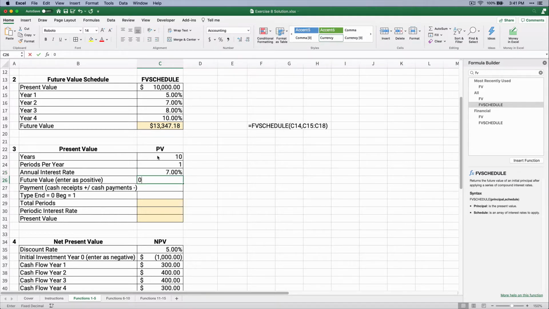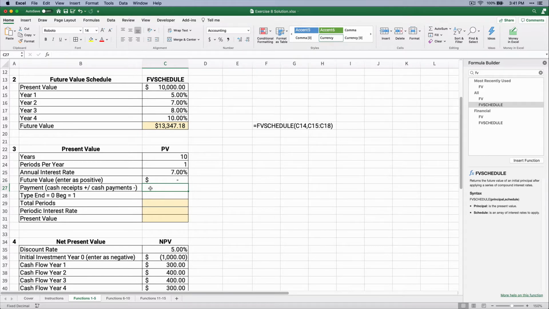There's nothing in the future, but you're going to receive a schedule along the way. You're going to receive, let's say, $100,000 over 10 years, and let's say the payments happen at the beginning of the year. The payments happen at the beginning.